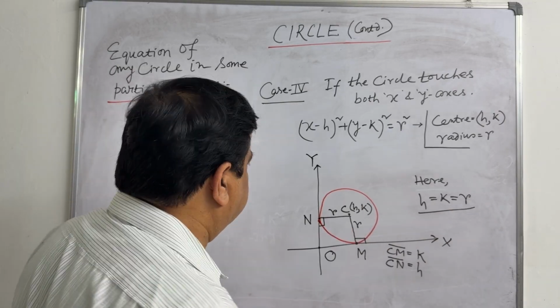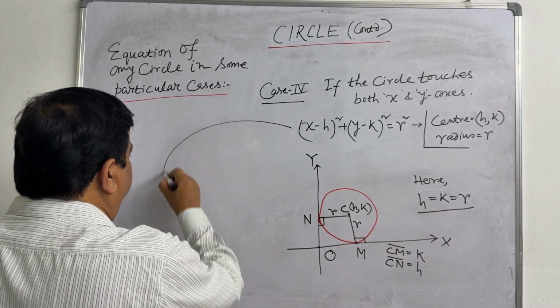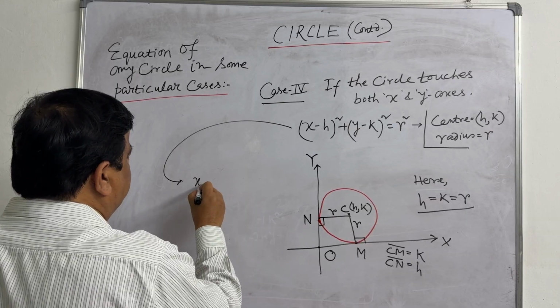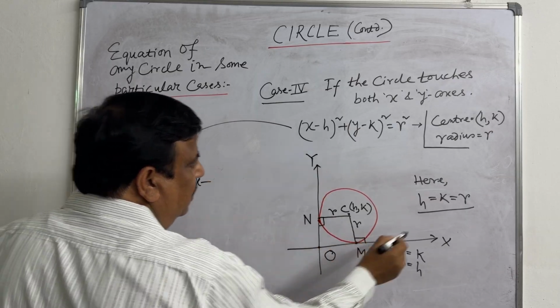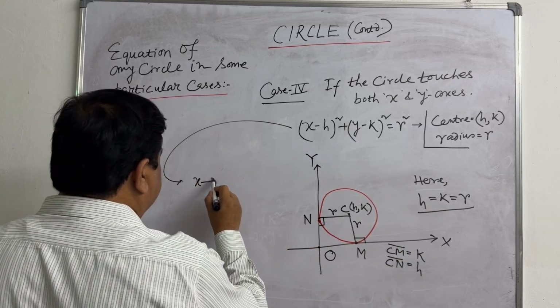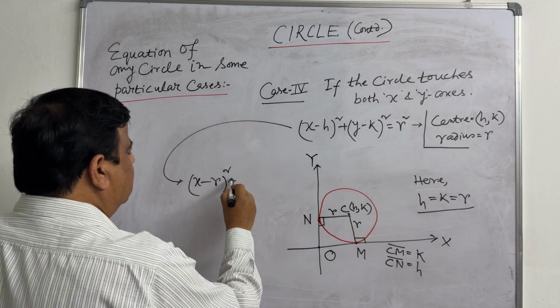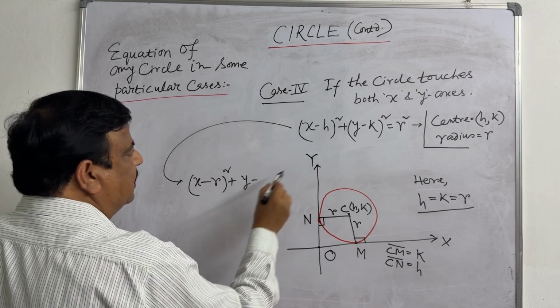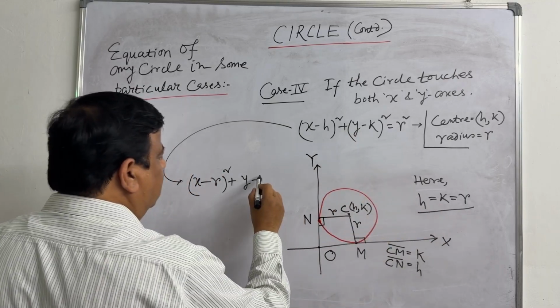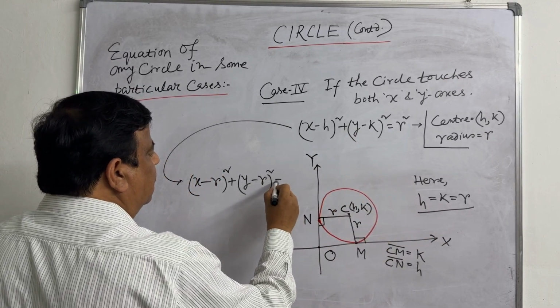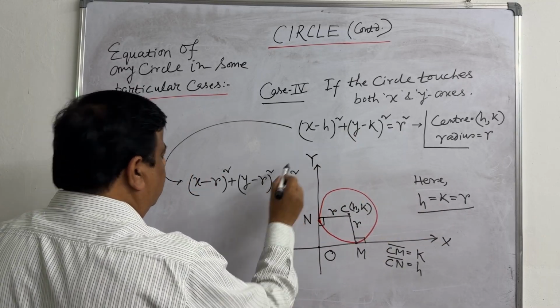So what is the equation? The equation will be (x minus h, that is radius r) whole square plus (y minus k, which is also equal to r, the radius) whole square is equal to r square.